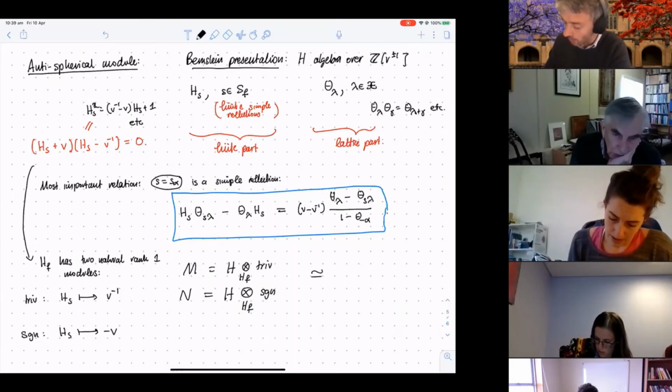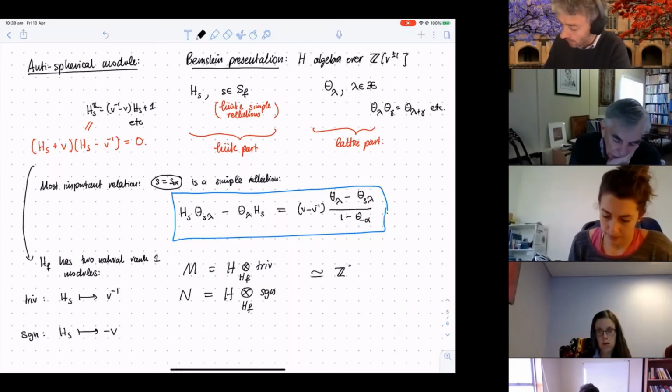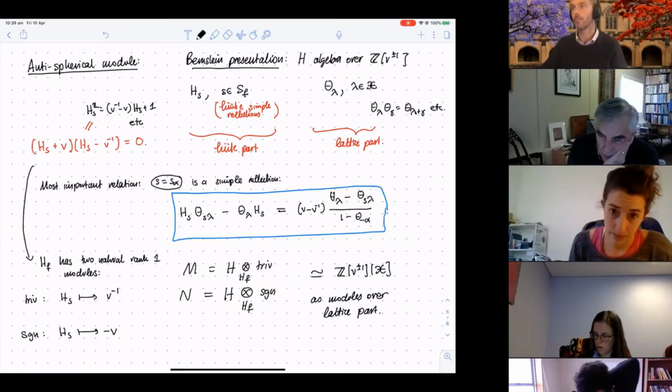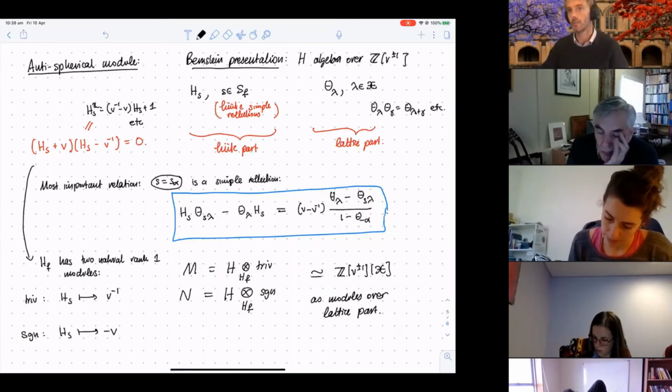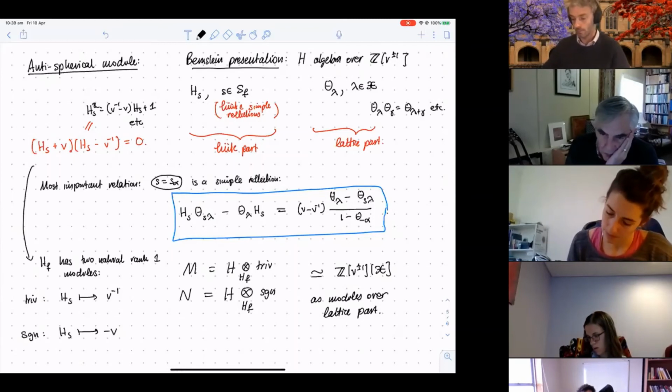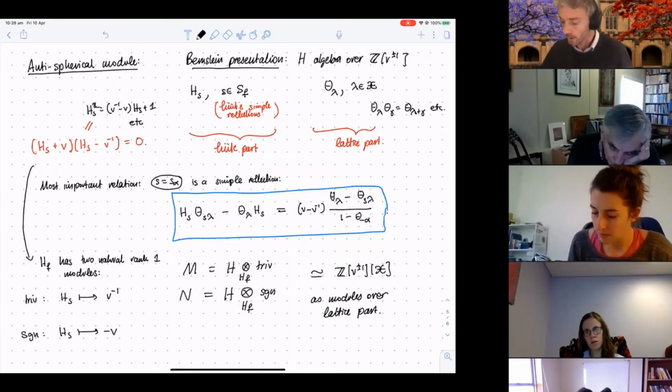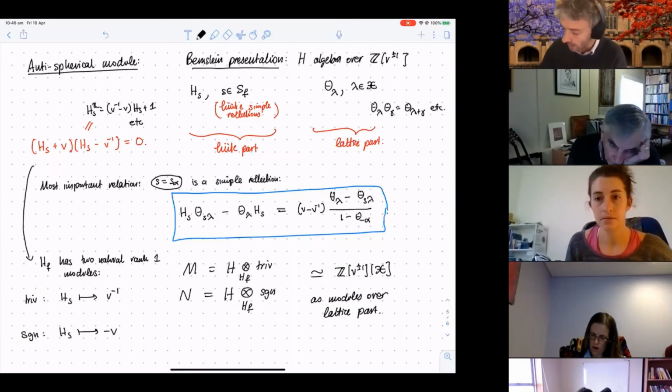And these are both isomorphic to the group algebra of the lattice as modules over the lattice part.